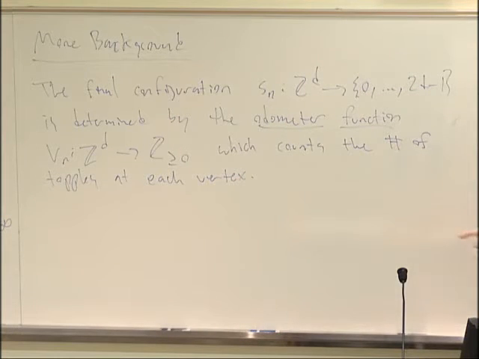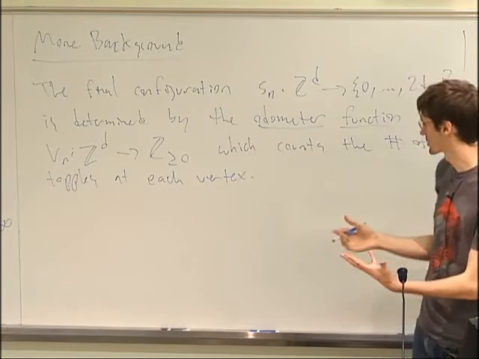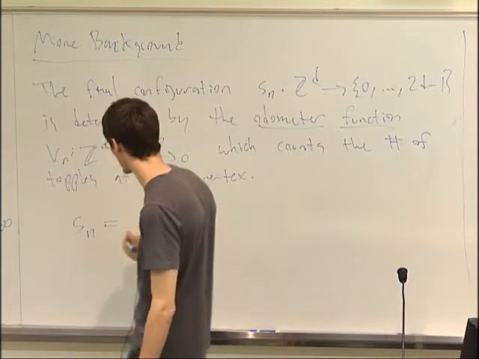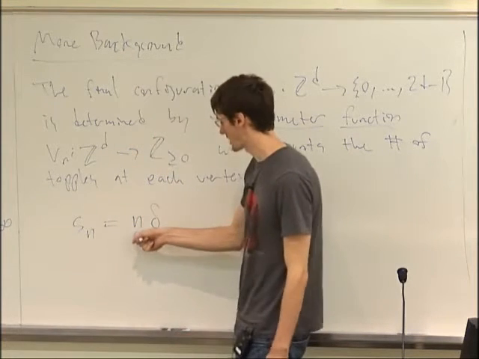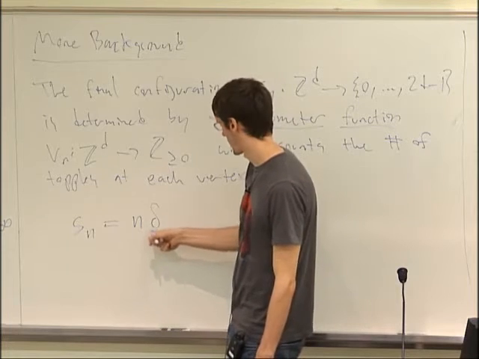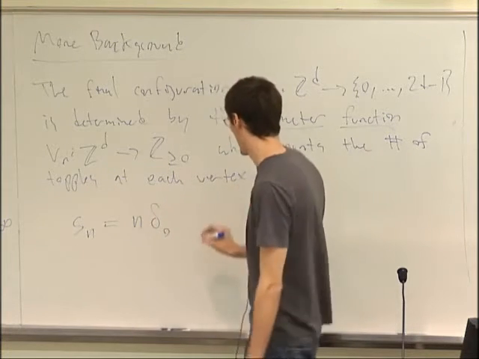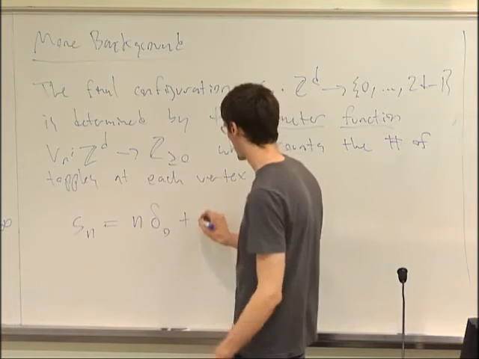From this odometer function, which counts the number of topples, you can compute very easily the final configuration. The final configuration is just the initial configuration, n chips at the origin, where I'm using this for the indicator function of the origin, plus the redistribution caused by the odometer function.